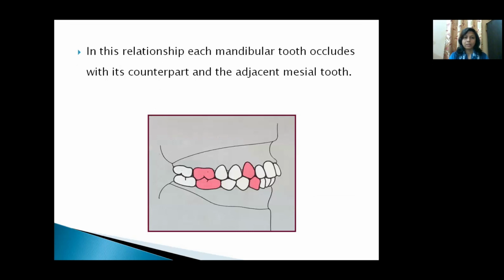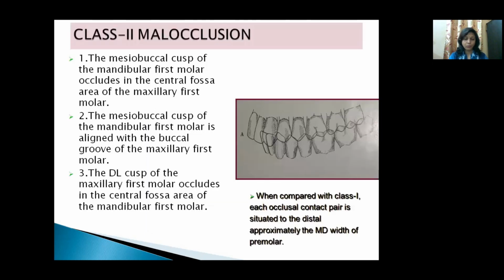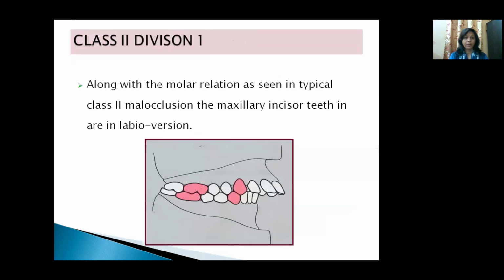In this relationship, each mandibular tooth occludes with its counterpart and its adjacent mesial tooth. In Class 2, the mesiobuccal cusp of the mandibular first molar aligns with the buccal groove of the maxillary first molar. Class 2 was divided into two further segments, Class 2 Division 1 and Division 2. In Division 1, along with the Class 2 molar relation, the maxillary incisor teeth are in labioversion.